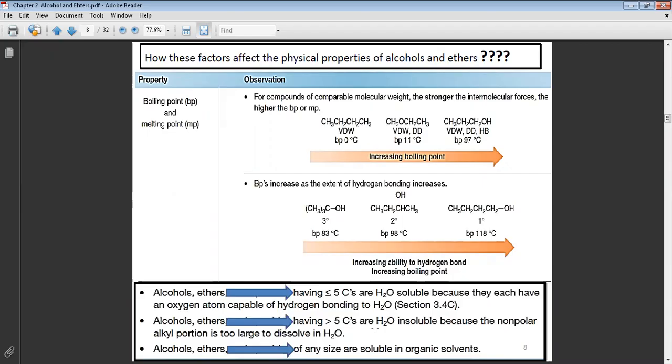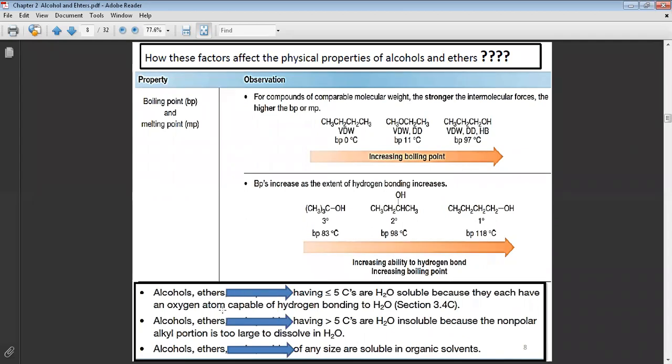Look here, the nonpolar alkyl portion is too large to dissolve in the H2O. We know the alkyl is polar or not? Non-polar, and the H2O is polar. That means non-polar cannot be dissolved in the polar. Because the alkyl group is big, it cannot be dissolved easily in the H2O.